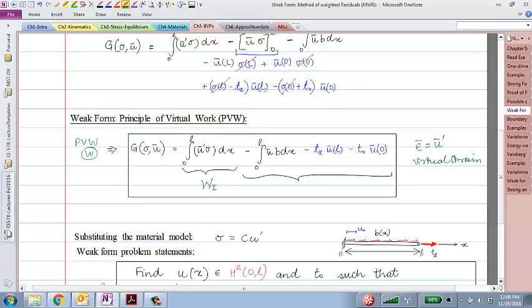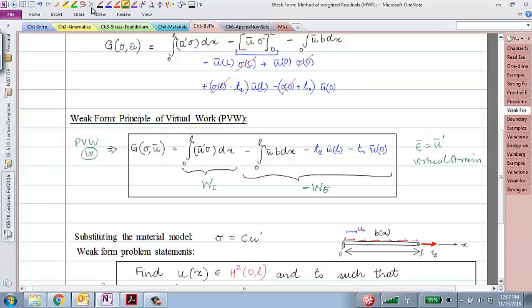This is the method of virtual displacements that we are talking about. So this is virtual strain times real stress, that's internal virtual work. And all of this right here is external virtual work, because all these displacements are virtual, forces are real. So all of these are minus external virtual work.